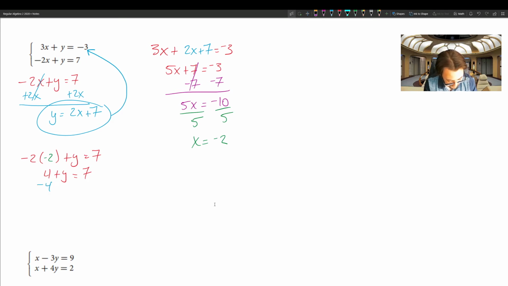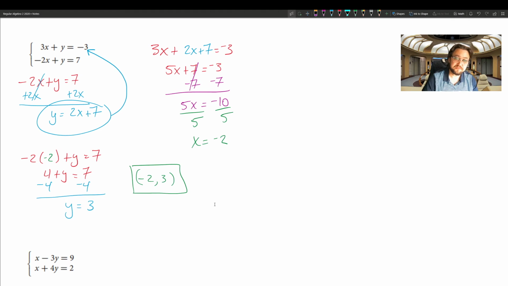Subtract away the 4. I get y equals 3. To properly format this answer, they should go in alphabetical order as a coordinate. So it would be x, y, so negative 2, comma 3. And there's my solution. Not too bad.